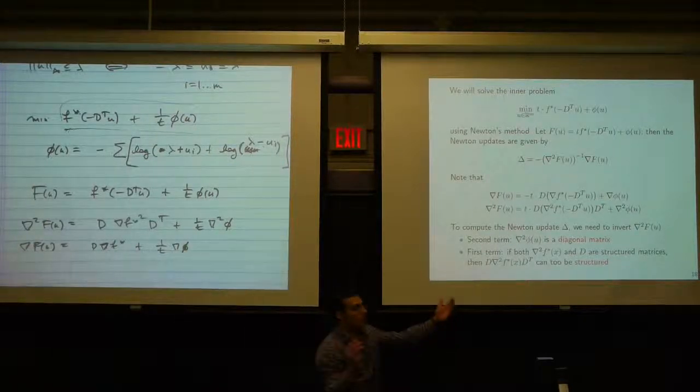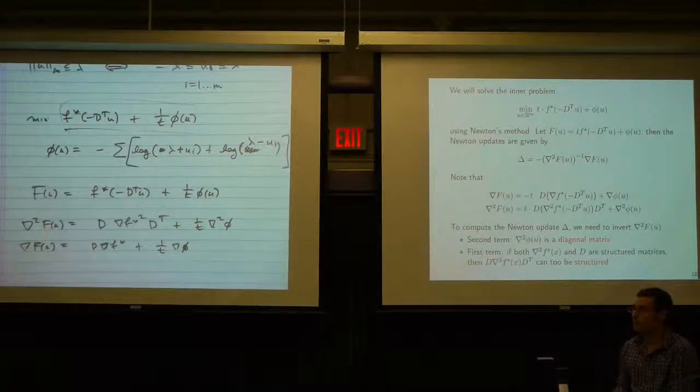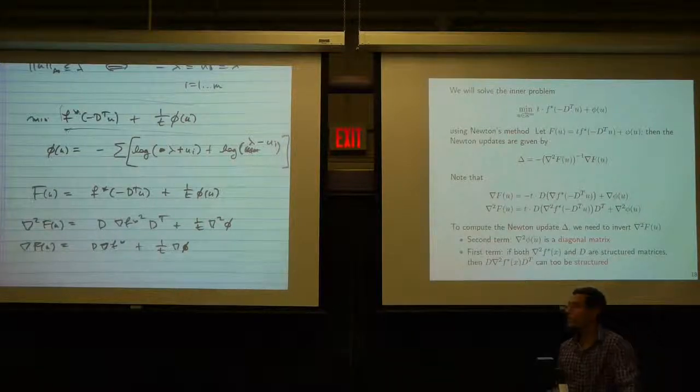We'll go back to the problems in a sec, but in a lot of the problems we talked about, d d transpose will be sparse. A lot of them will be structured. So inverting that is not going to be a problem. We can do it very quickly. This is like what happened on question 3 of the homework.